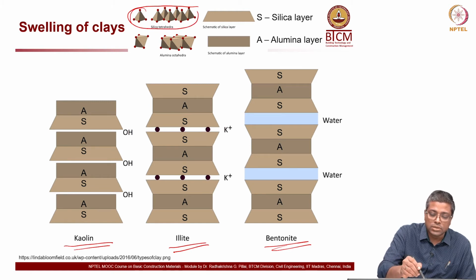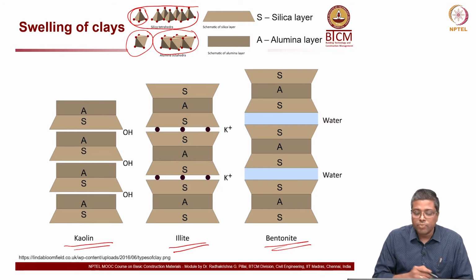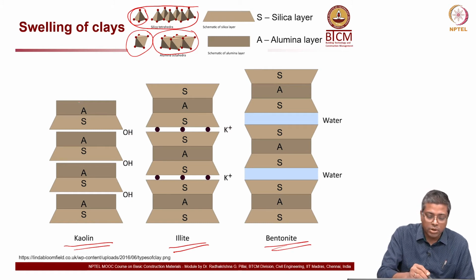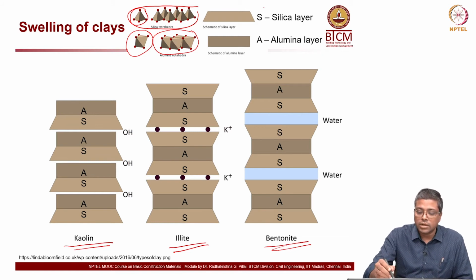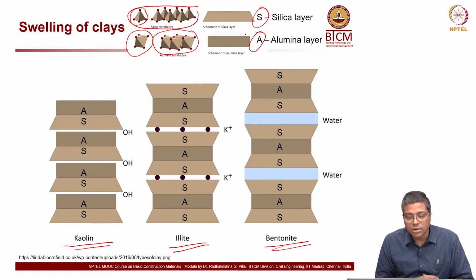You can look at this single unit, and then alumina octahedra, which is this unit, and that is also arranged in a planar structure. In the drawing below, the trapezoid shown is silica, all that is written as S in the sketch below, and then you have the alumina layer, which is the darker colored rectangle.